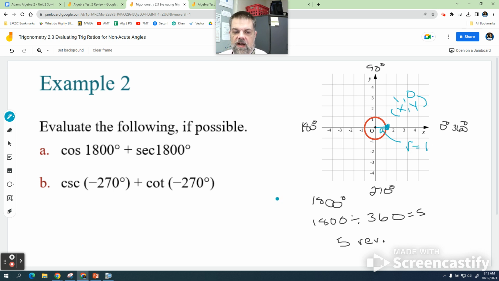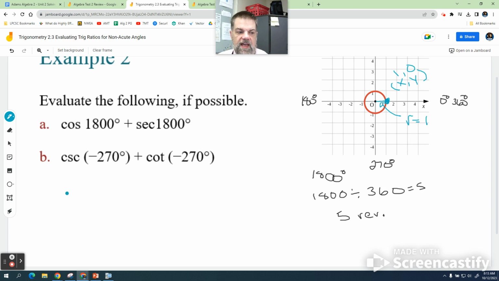So how does that help us? Well, for part A, cosine of any angle theta is equal to x over r, which is just going to be 1 over 1, which equals 1. That's what our calculator said, right? Now to do secant, it is the reciprocal of cosine, yes?